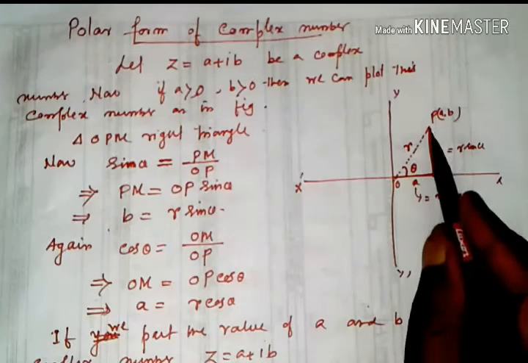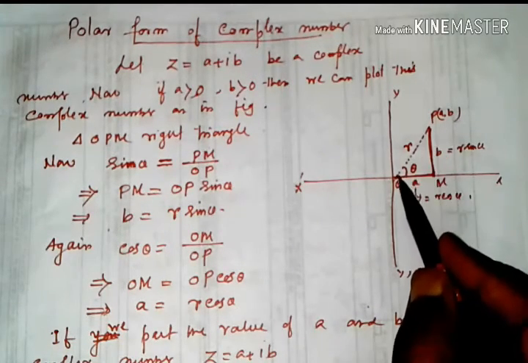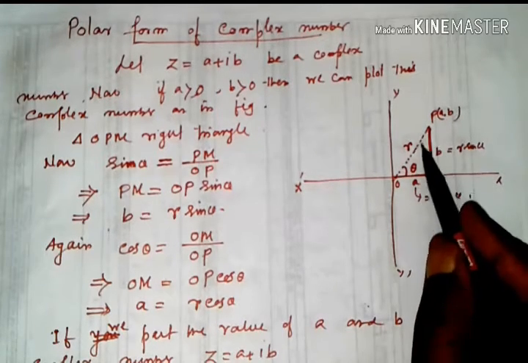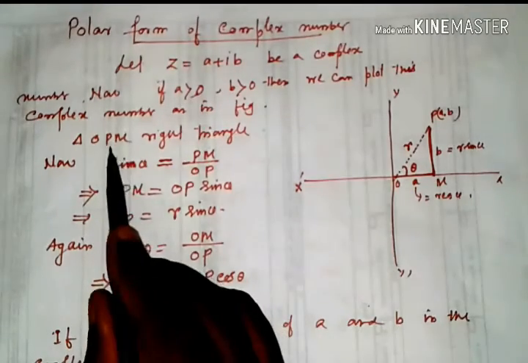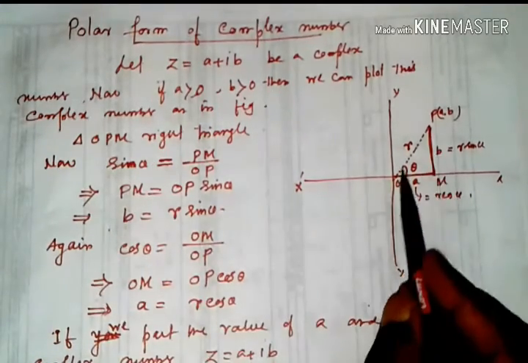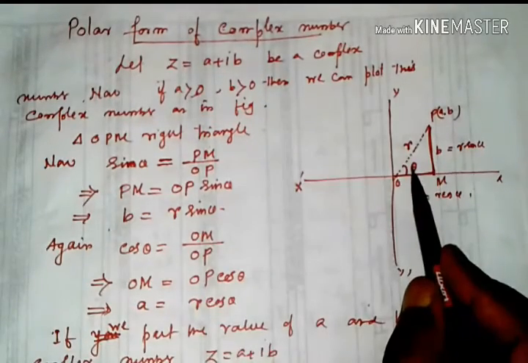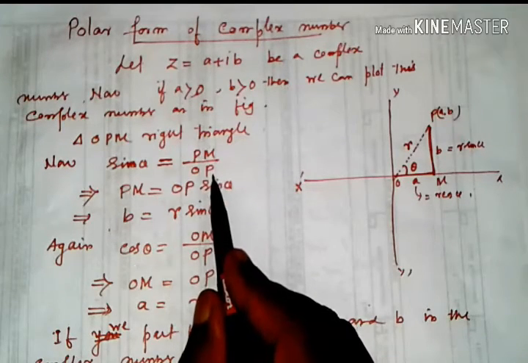Here b, a, r, and theta are marked. Theta is the argument of the complex number, and r is the modulus of the complex number. In the right triangle OPM, sin theta is perpendicular by hypotenuse.